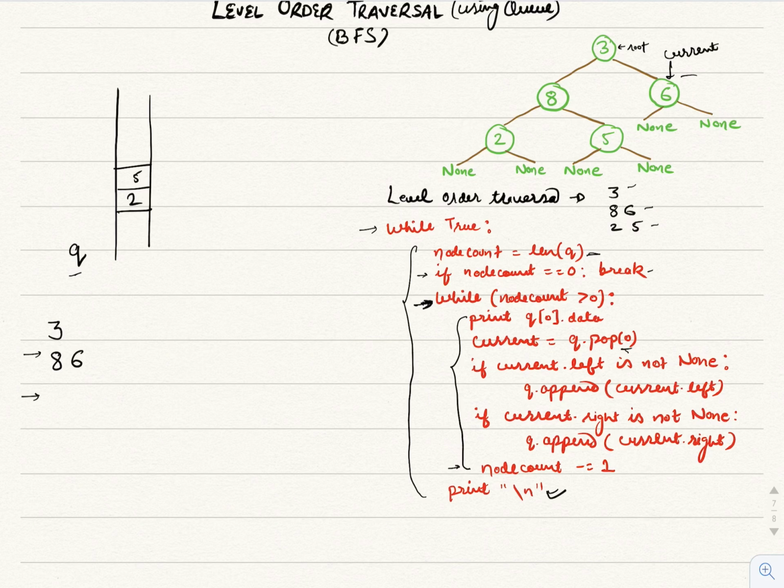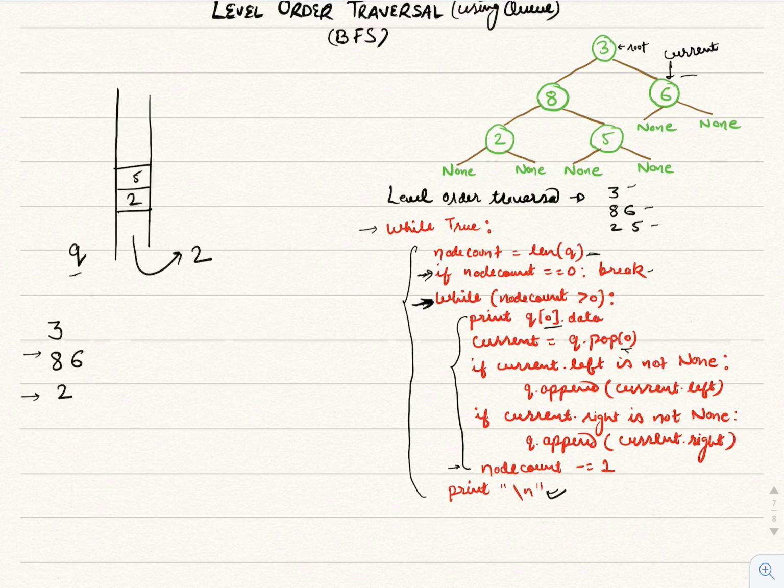Now the length of the queue is 2, which is the node count. This condition will not be met. This one will be met because node count is greater than 0. Now it will print the first element of the queue, which is 2 here in the next line, and we'll pop this 2 and assign current to it.